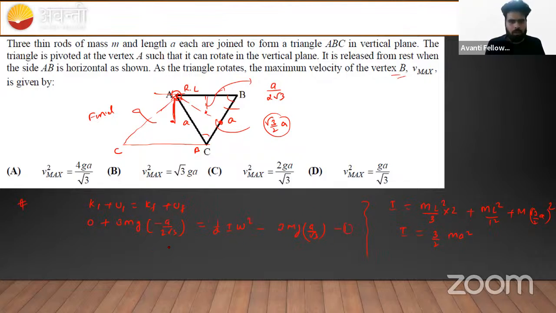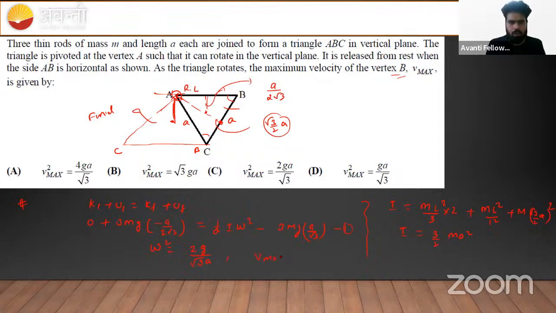If we put the value of I in equation number 1, we will get the value of omega. Because in the question omega square is formed, we have to find the value of omega square here, and the value we get is nothing but 2g upon root 3 a.